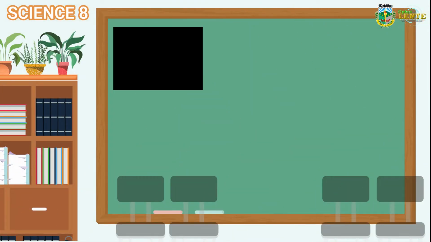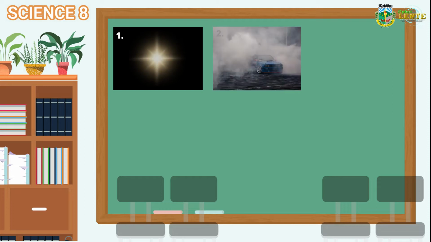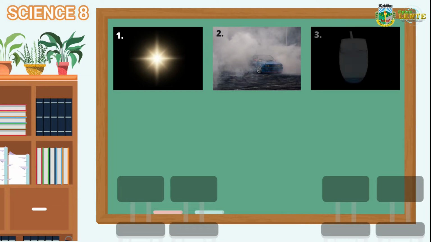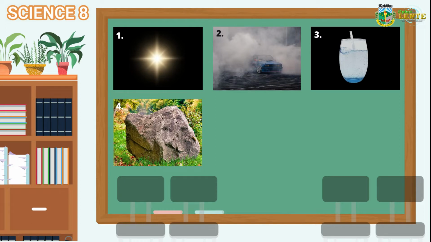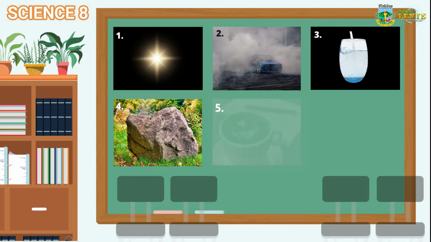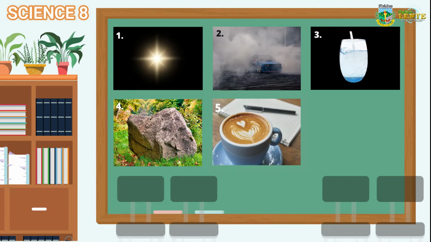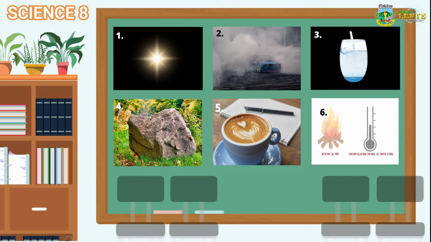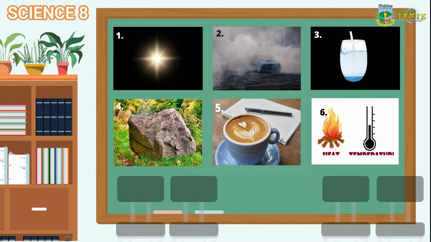Number 1, light. Number 2, smoke. Number 3, water. Number 4, rock. Number 5, cup of coffee. And number 6, heat and temperature.